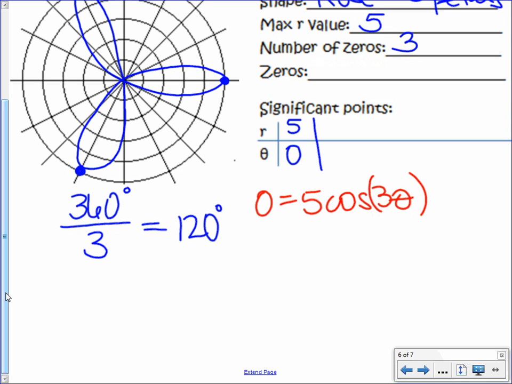Okay, so let's solve this. We can divide by 5. So 0 equals the cosine of 3 theta. So we have the cosine of an angle equals 0, right? Kira, when is the cosine 0?